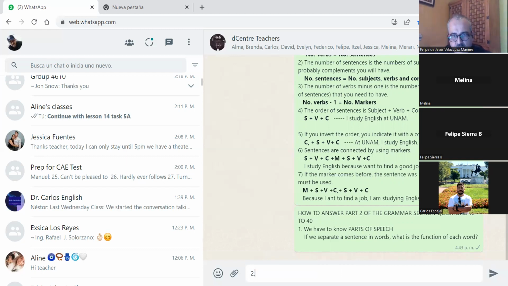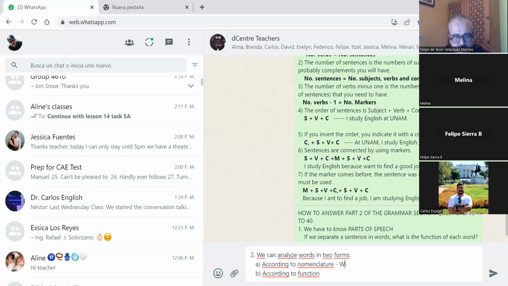Okay, so again. Now we can analyze grammar words in two forms. Letter A, according to nomenclature. Some people say nomenclature or nomenclature. And according to function. What is according to nomenclature?